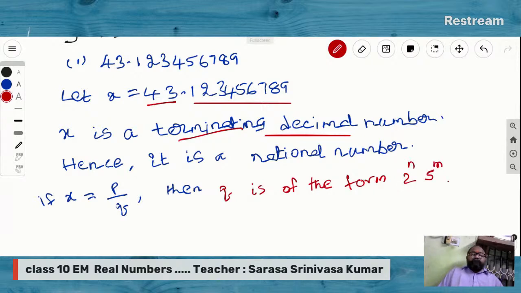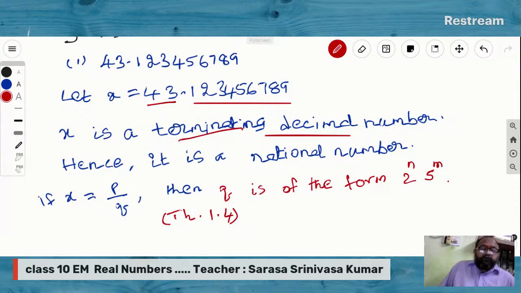So this is the theorem. This is theorem 1.4.